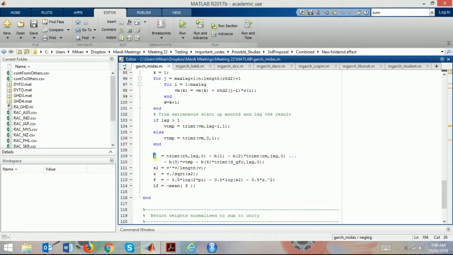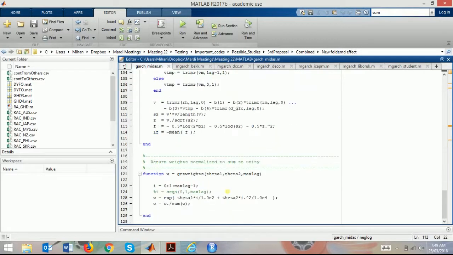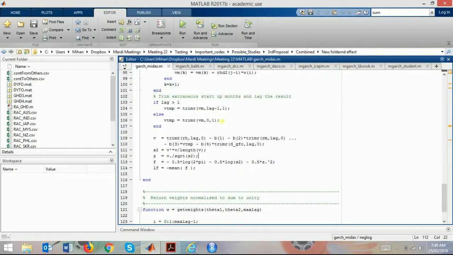And then finally we have the variance, which is, we took what? We took RH. R is the hedge fund on monthly data. Yeah, we took RH and we trimmed the lagged amount. We don't need the lagged amount. Nothing from last. Then RH minus beta 1 minus beta 2.